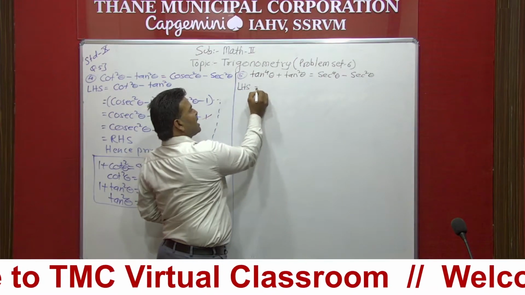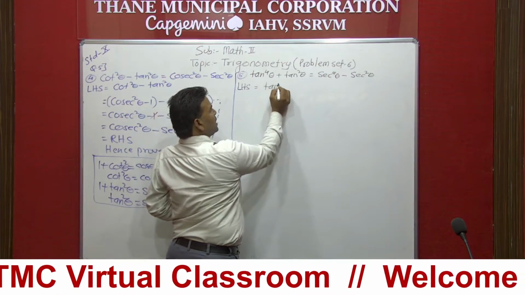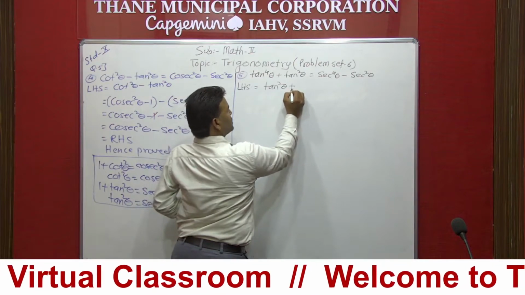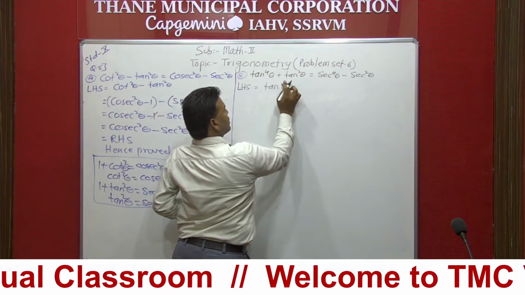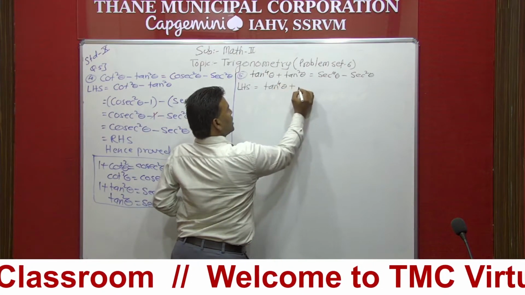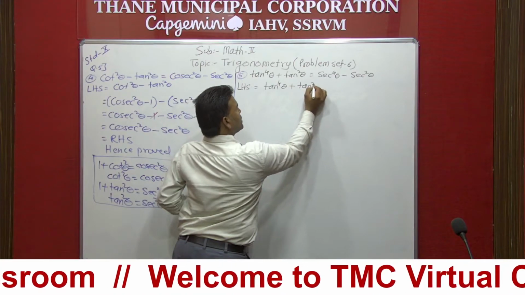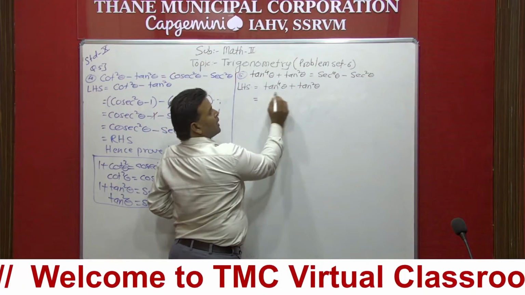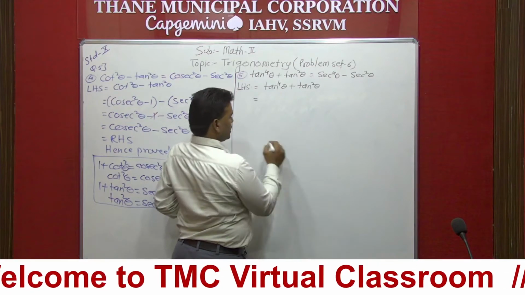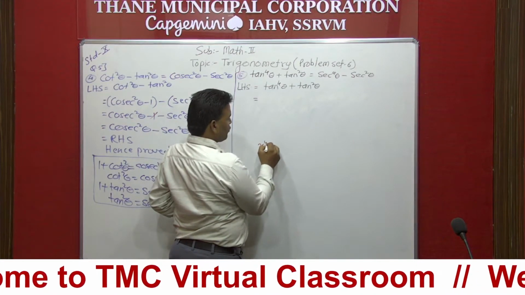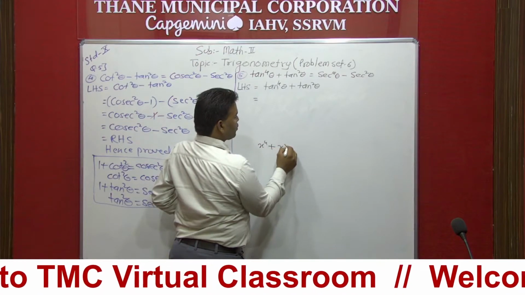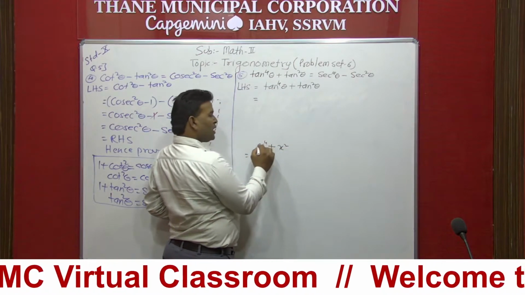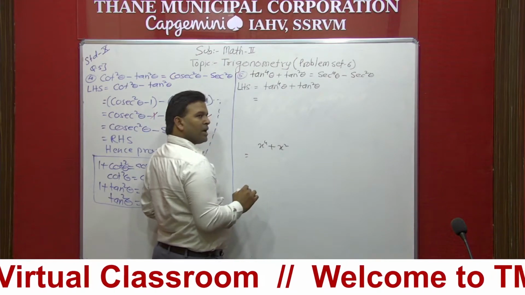LHS, left hand side: tan power 4 theta plus tan square theta, that is equal to. Now see, if I say x power 4 plus x square, then in both the terms x is common.